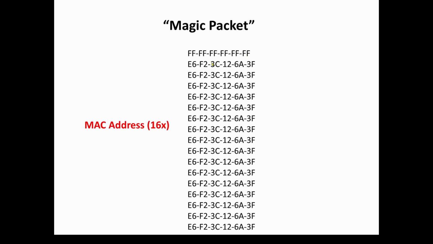And following that, you're sending 16 instances of the MAC address of the computer you're trying to wake up. So this is what's called a magic packet in this format. A bunch of 255s and then 16 instances of whatever the MAC address is of the computer that you're trying to turn on. We're going to show you in a bit how to find your MAC address, but that's basically all the magic packet is.